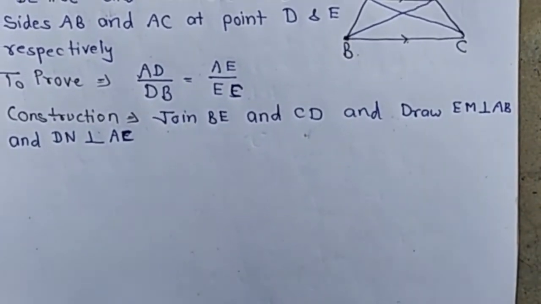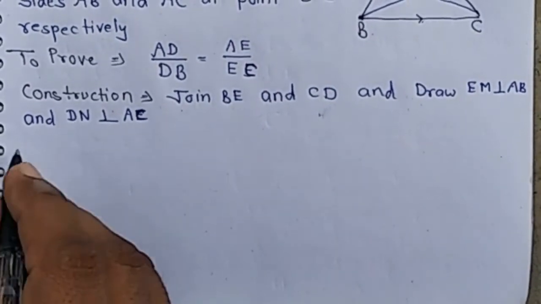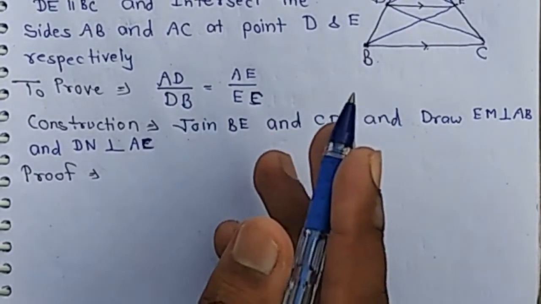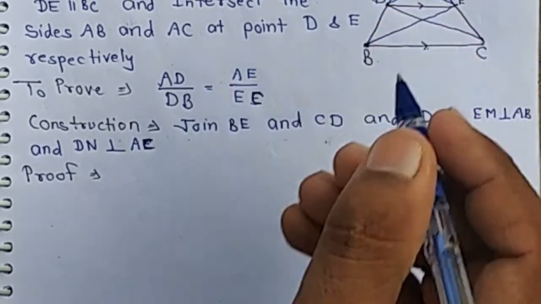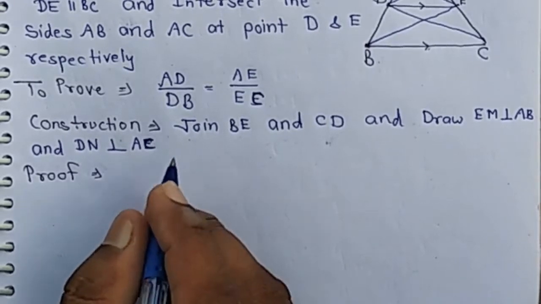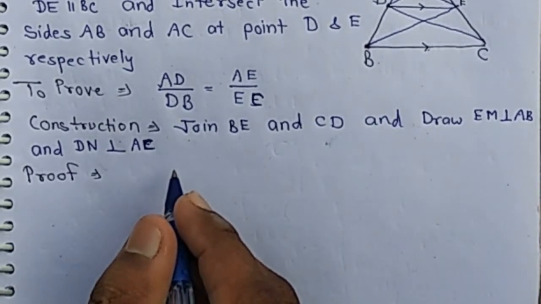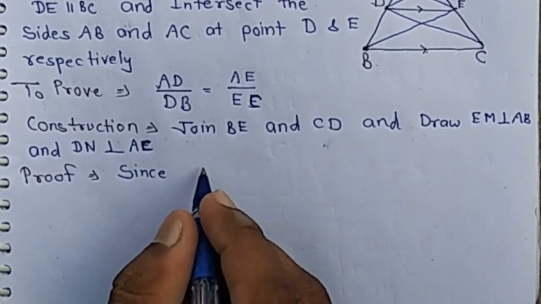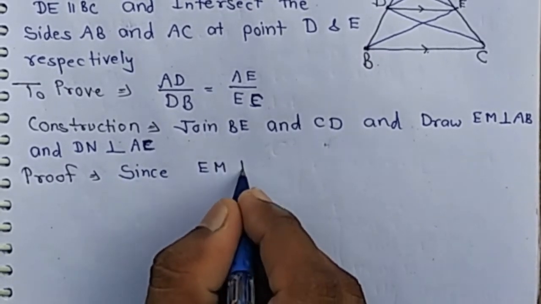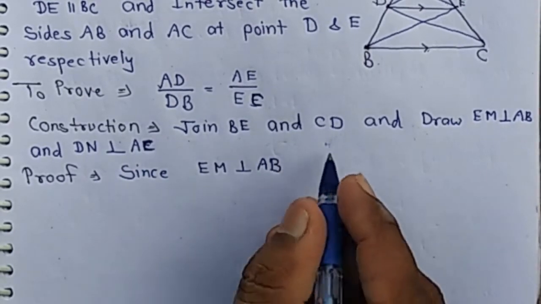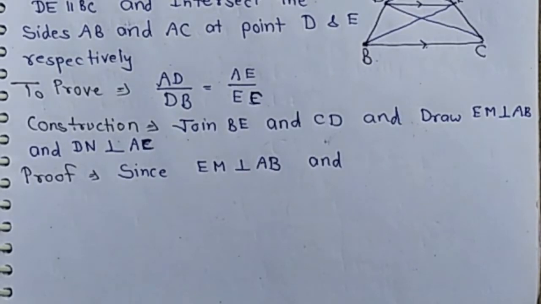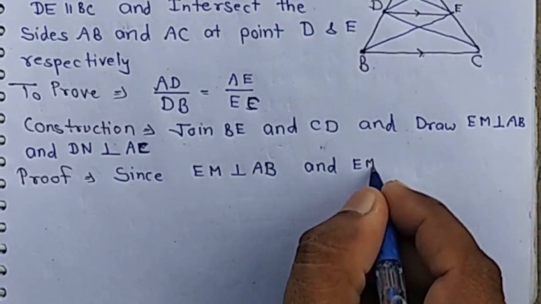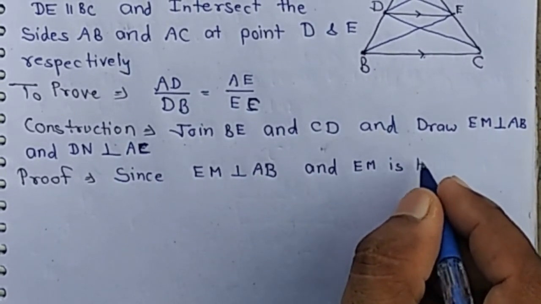Now proof. Since EM is perpendicular to AD, perpendicular to AB, it is 90 degrees, and EM is the perpendicular height.